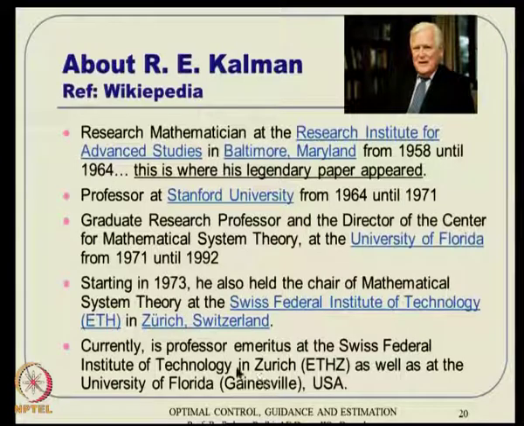Currently he is an emeritus professor in all three places, ETH, the University of Florida, as well as Stanford University, I believe. But anyway, that's the history or background of Kalman.